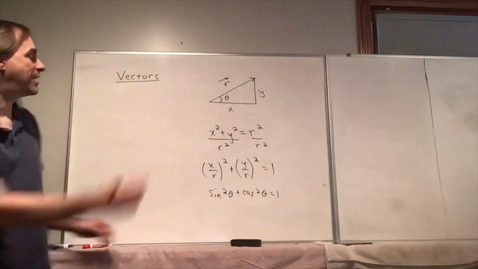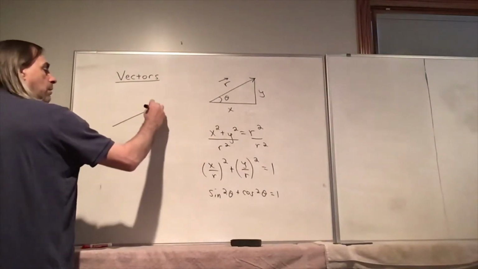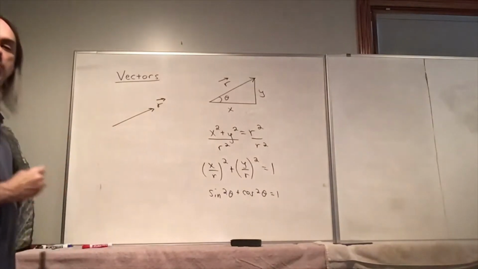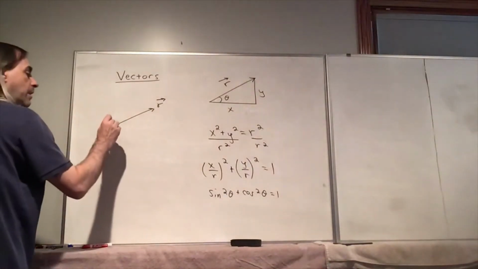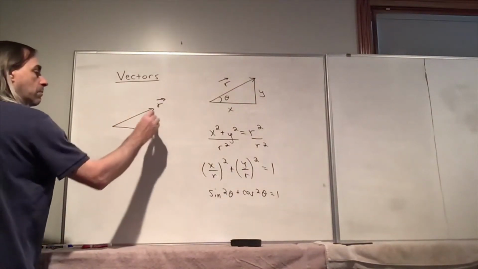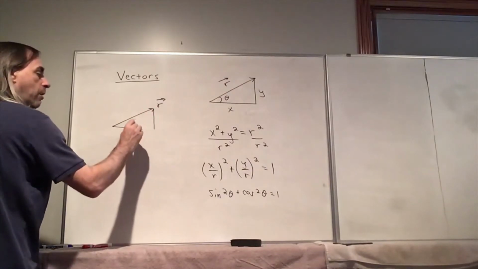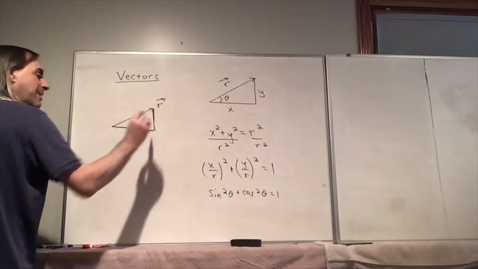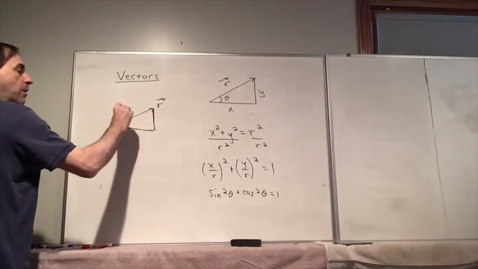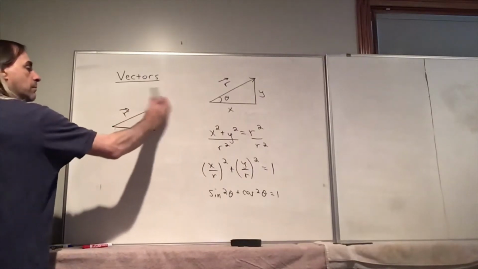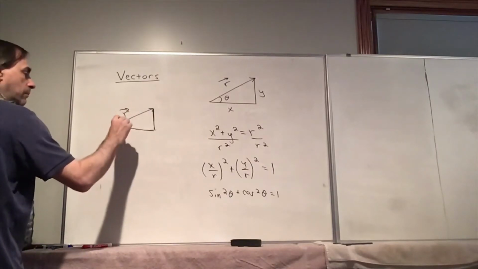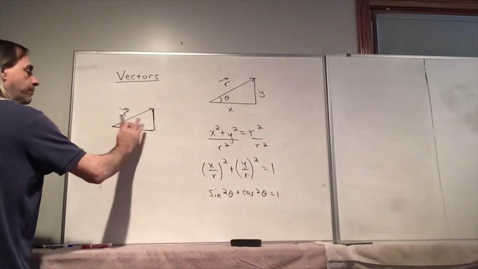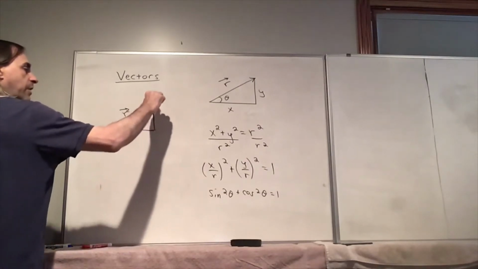So if we just have this vector r in an xy coordinate system, what it means to break this vector into components is to complete this triangle where you go a certain distance in the x direction and then a certain distance in the y direction. So if this is r, that's our vector r. Actually, I'm going to do it like this.